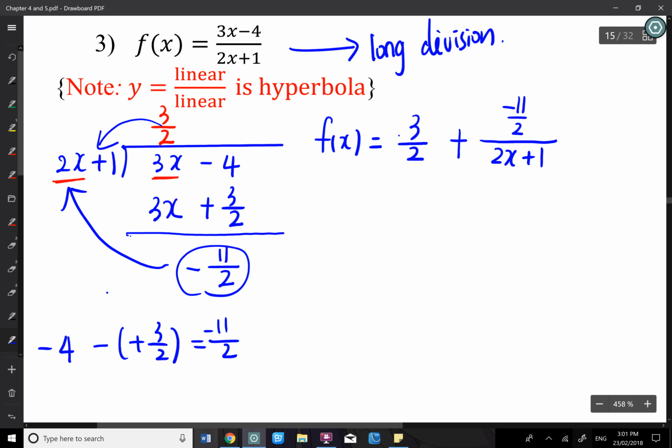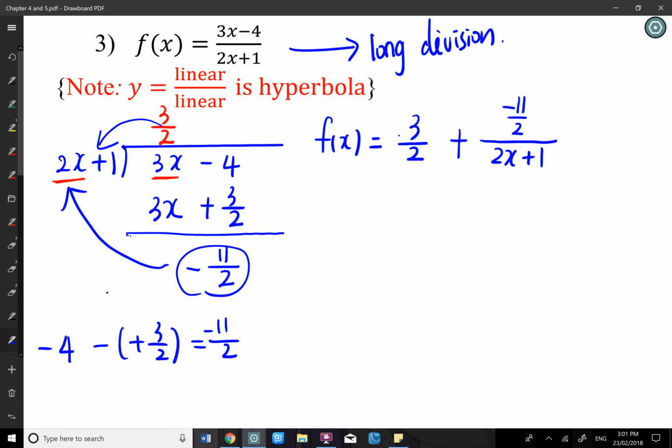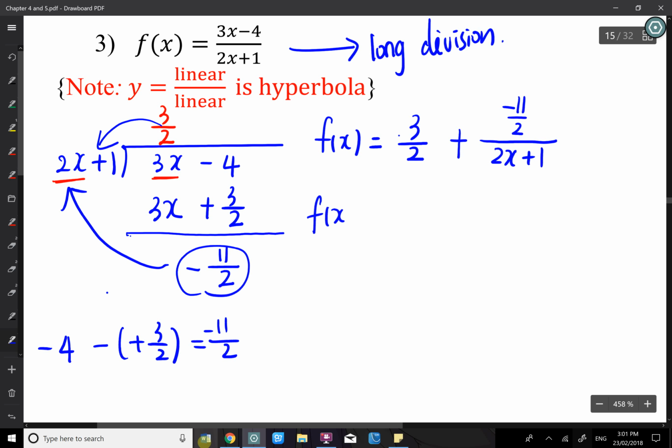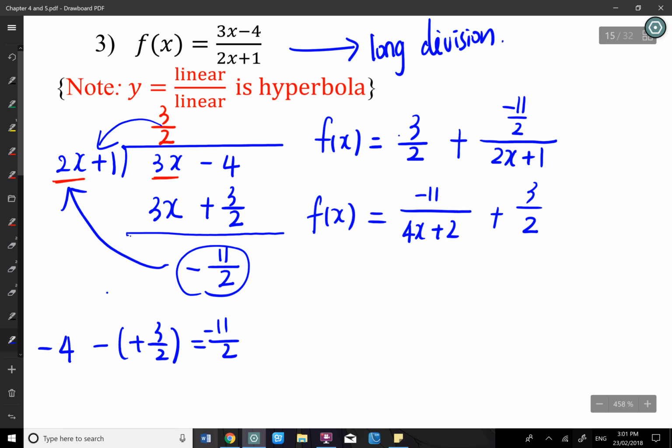Just tidy up this equation a little bit. Times 2 on both top and bottom, you have minus 11 over 4x plus 2, and then plus 3 over 2. That's exactly the same as a hyperbola equation.